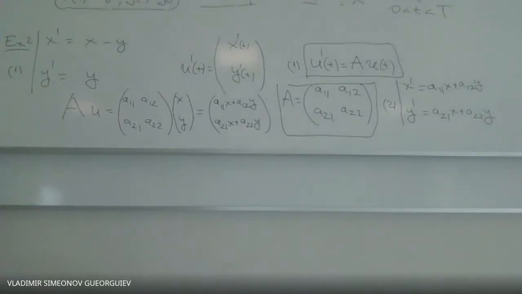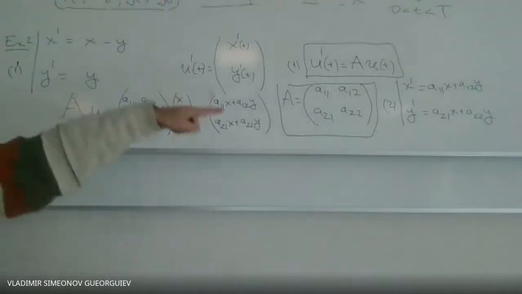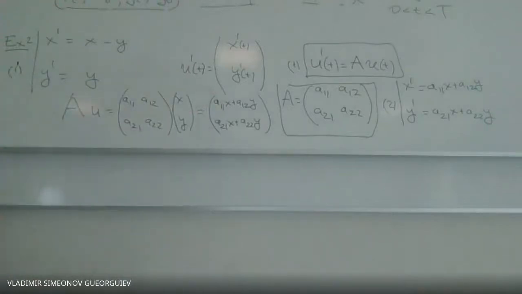Now I did something bad on the blackboard. I used 1 two times. Therefore, let us put 1 prime for this one, because this is the example, while 1 and 2 are for the generic matrix form.